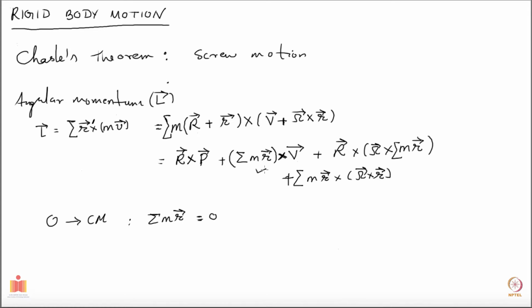So this term goes away, that term goes away, and you are left with only two pieces. With this choice, you have angular momentum as R cross P, which you recognize as the angular momentum of the center of mass, because R is the location of the center of mass and P is the momentum of the center of mass, with the total mass concentrated there, plus you have the piece summation m r cross omega cross r.